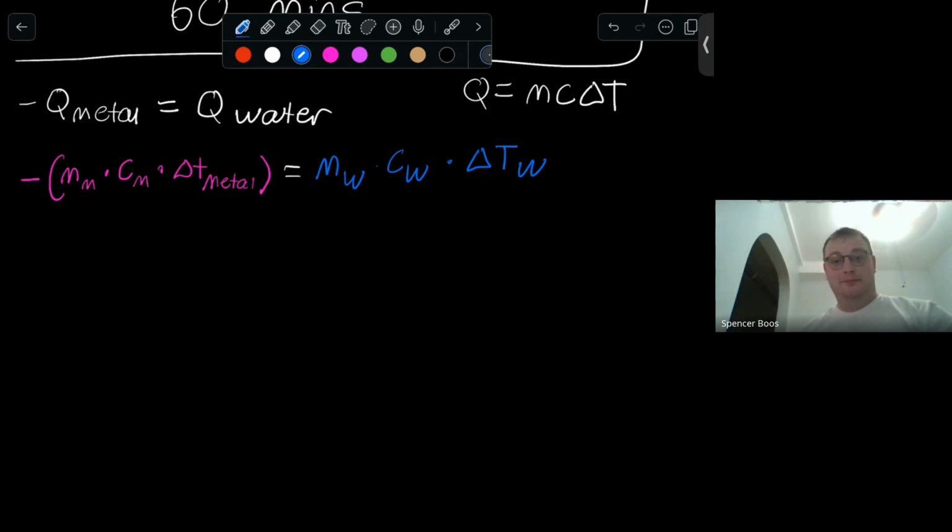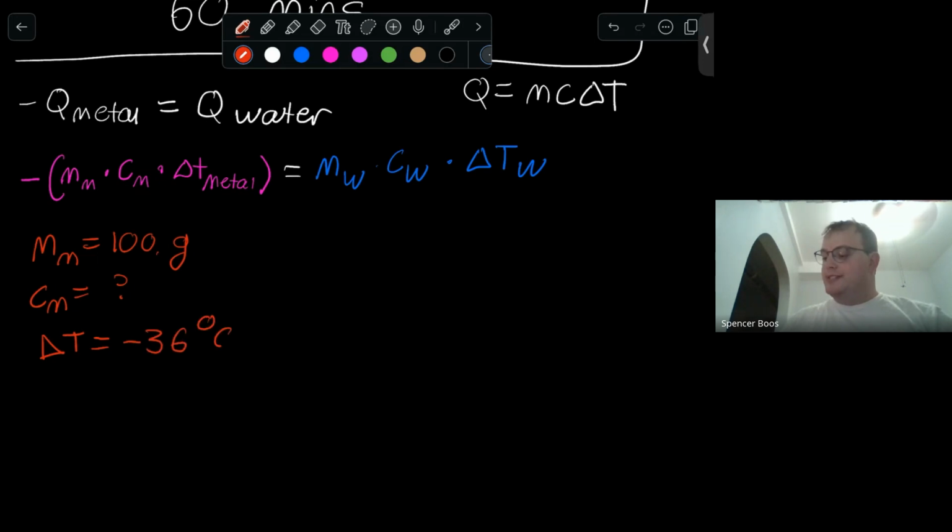Let's do an example. Rather than write out an entire question, I'm going to just put values in here. Let's say the mass of the metal is 100 grams. We don't know the specific heat of the metal, but we do know that the delta T of the metal is negative 36 degrees Celsius. Again, all this information would be given in a word problem.